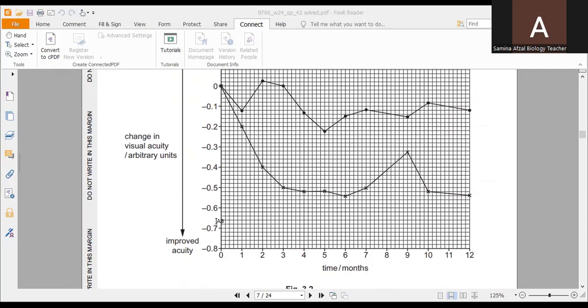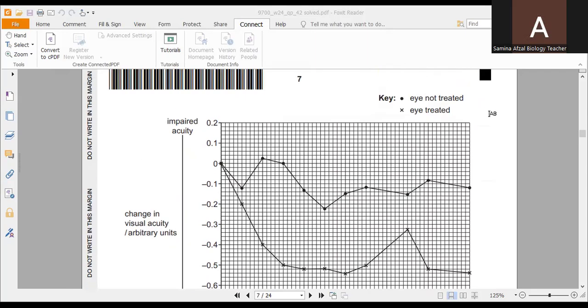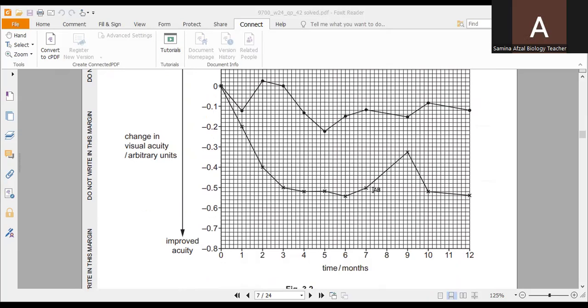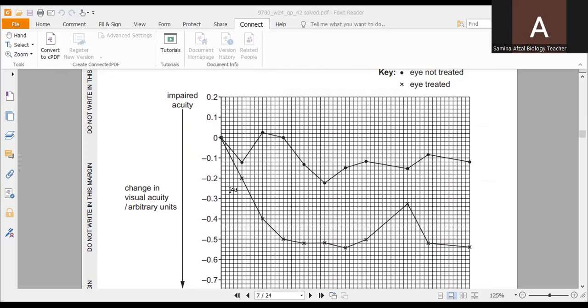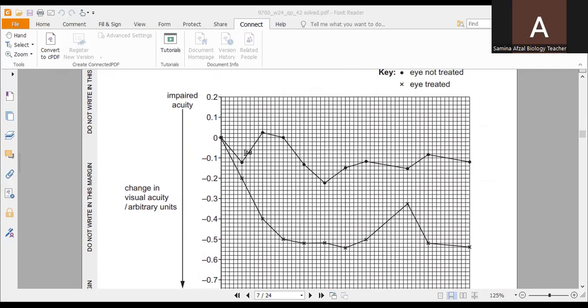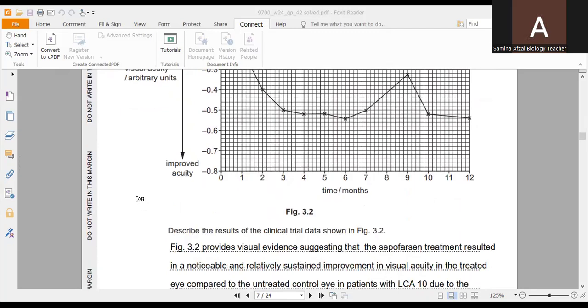The time is 12 months, for both the untreated eye and the treated eye. The upper one is not treated and the lower one is when treated. The lower one shows the improved visual acuity, whereas the one which was not treated shows less improvement.